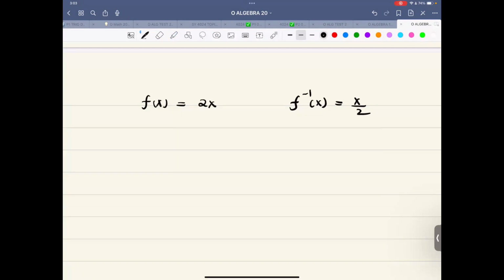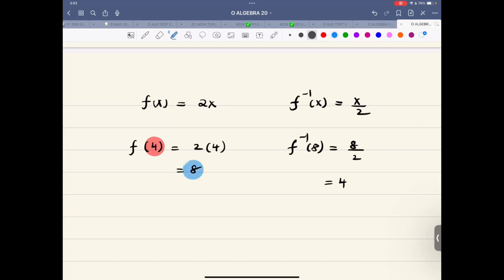Now let me plug in a value 4. So 2 into 4 comes out to be 8. And in the inverse, if I plug in 8, I should get back 4. That is 8 divided by 2, which comes out to be 4. It's a pretty basic idea. If I plug in 4, I get 8. If I plug in 8, I recover back 4.